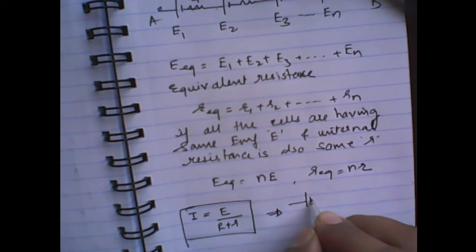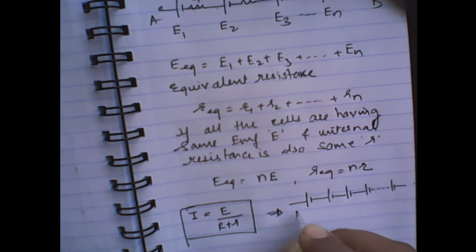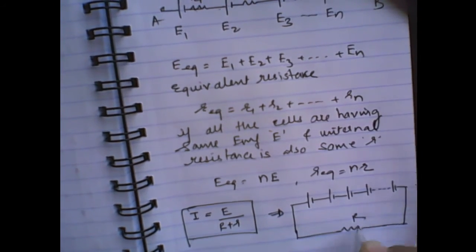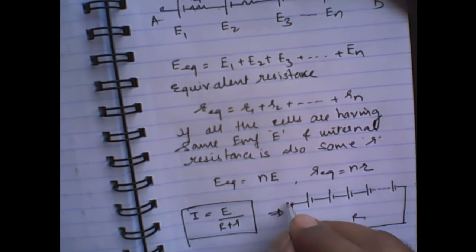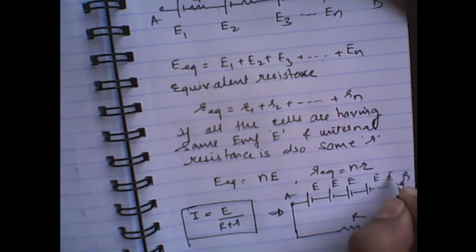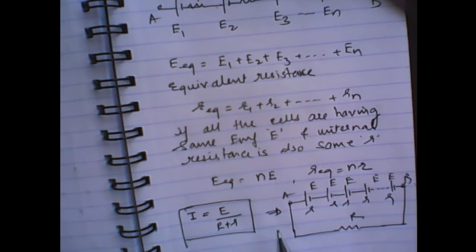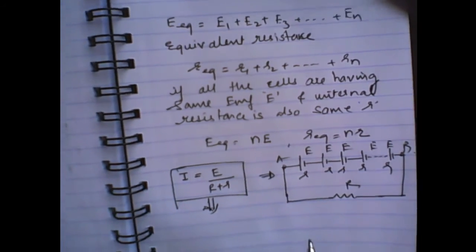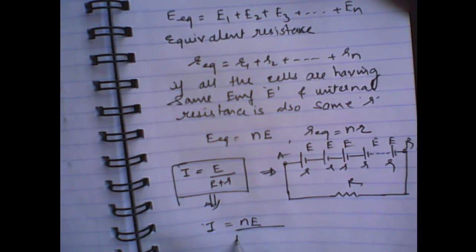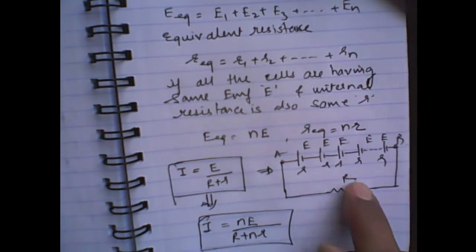So if these cells of internal resistance r are connected to an external resistor R as shown, this is point A, this is point B. All the cells have EMF E, and the internal resistance of all the cells is r. Then this equation can be written as I equals n times E upon R plus n times r. This is the total current flowing through this circuit.